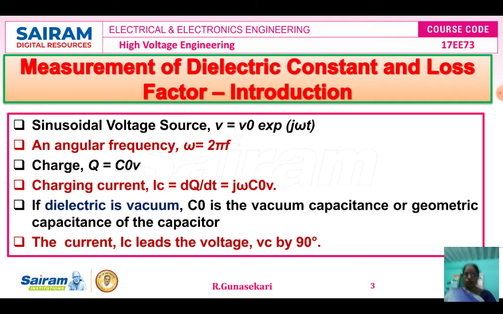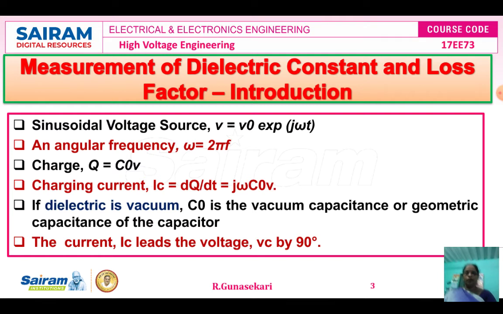The macroscopic properties of the dielectrics are described by combining the variation of these two quantities, dielectric constant and loss factor, into one complex quantity known as complex permittivity, and determining them at various frequencies. Now, the capacitor is connected to a sinusoidal voltage source v equal to V0 e^(j omega t).